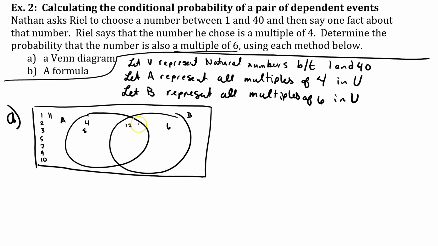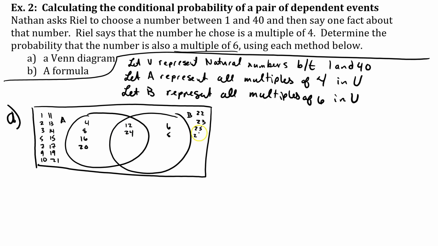That is both a multiple of 4 and a multiple of 6. 13, 14, 15, 16, 17, 18, oh wait, that's a multiple of 6. 19, 20, no, that's a multiple of 4. 21, 22, 23, 24, which is a multiple of both 4 and 6.